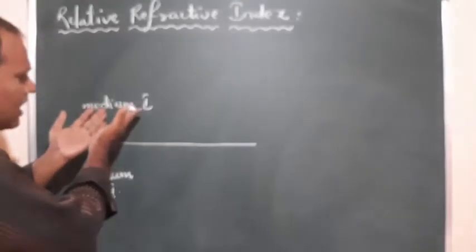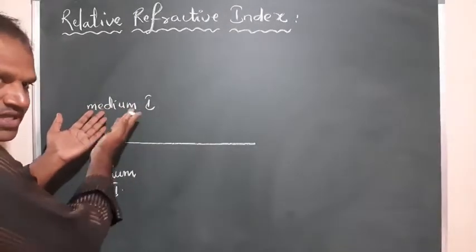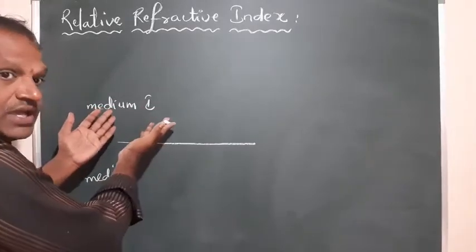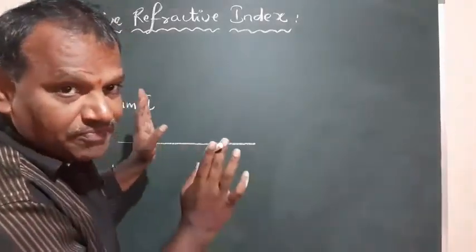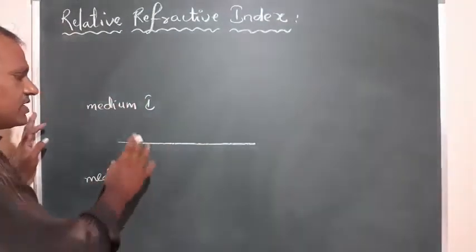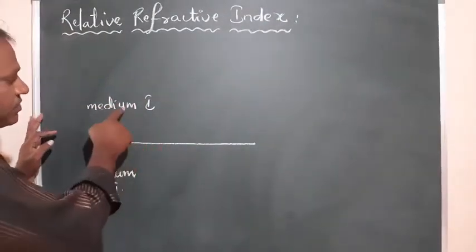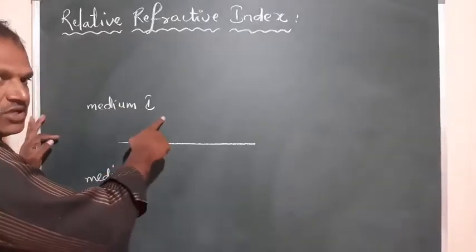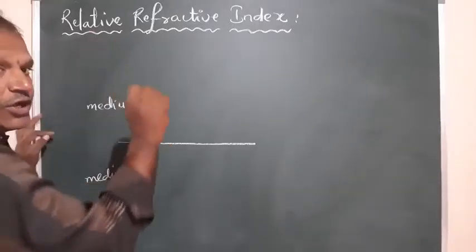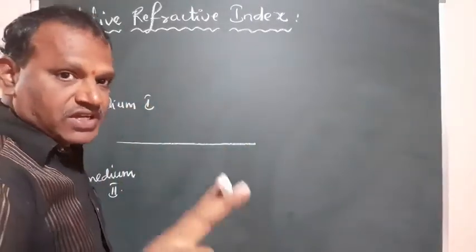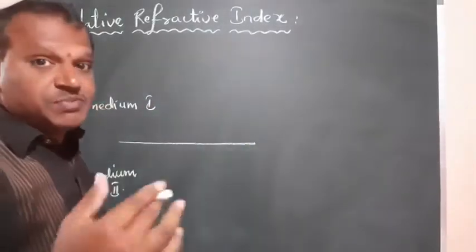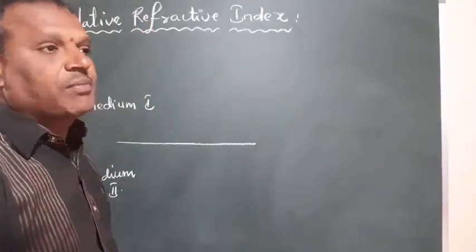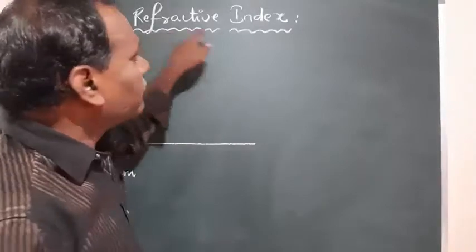Let it be any two, say glass and water. The ray of light is passing from glass to water or water to glass. Here we are not taking air as a medium. In that case, both are compared: what is the speed of light in this with respect to this, or in this with respect to this. That is called relative. Relative means comparison. When we consider any two different mediums, we see how the speed of light varies. That speed of light comparison is called the relative refractive index.